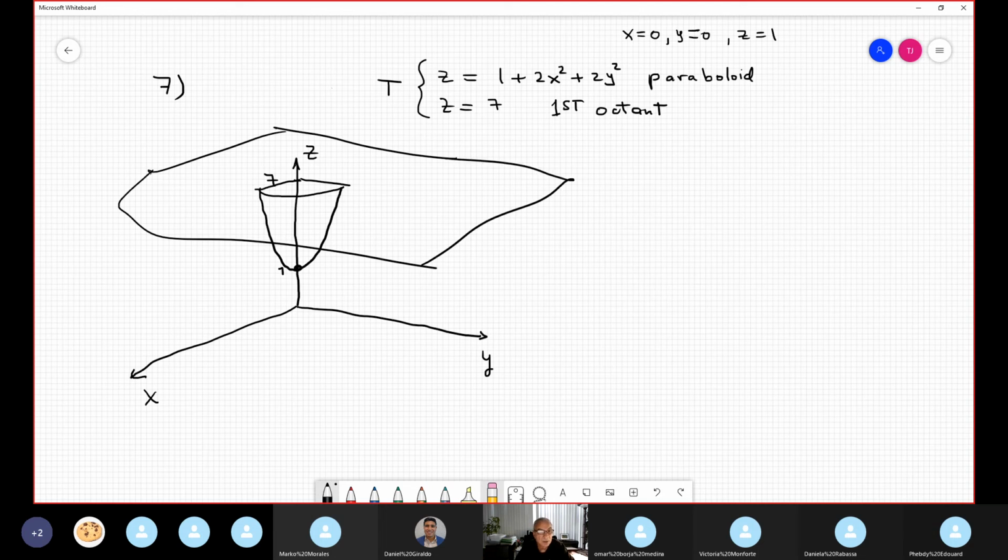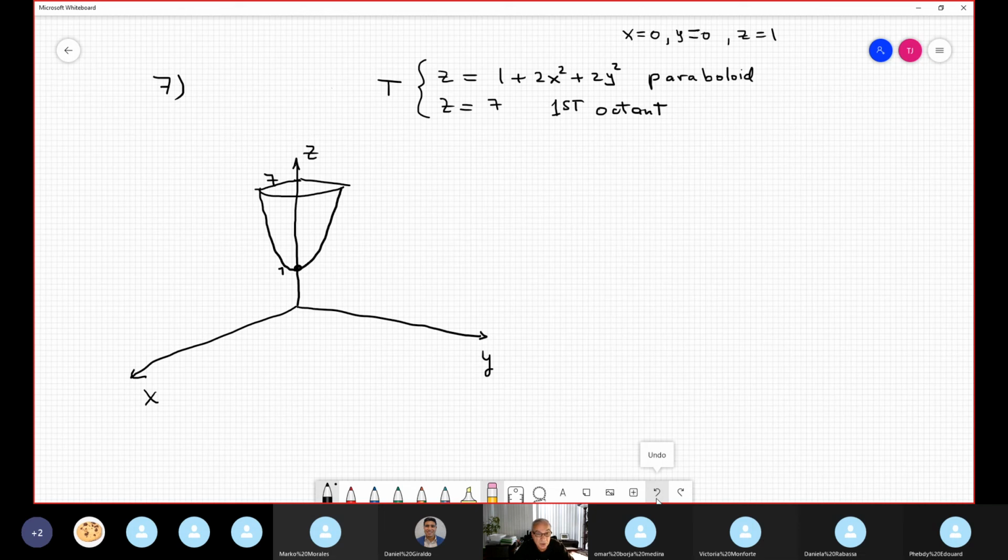It's a plane that cuts off the paraboloid at 7. Okay, so this is my solid. Let me remove the plane because it's not important. So you understand a plane z equals 7 is a plane parallel to the XY plane, no? Okay, so my solid is formed by this.